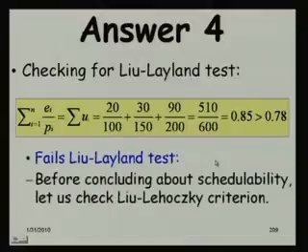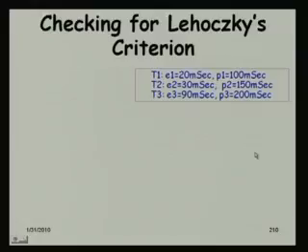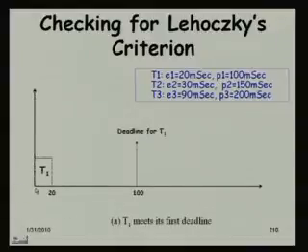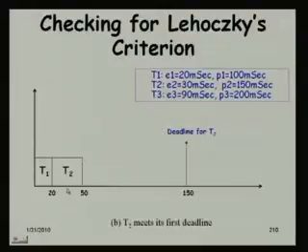So, the utilization is 0.85, fails the Liu-Leland test. Now, the 3 tasks are T1 20 and 100, T2 is 30 and 150, T3 is 90 and 200. The first task will complete by 20, meeting its first deadline at 100. The second task starts running from 20 and its runtime is 30, so it completes by 50 and its deadline is 150, meeting it well before that.